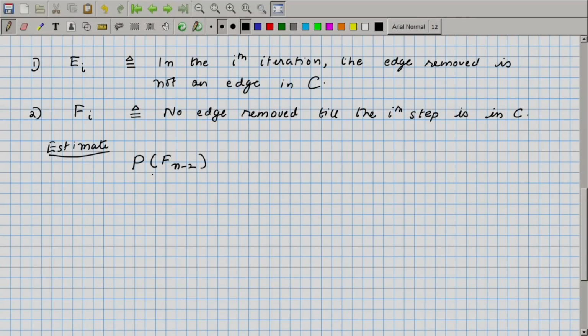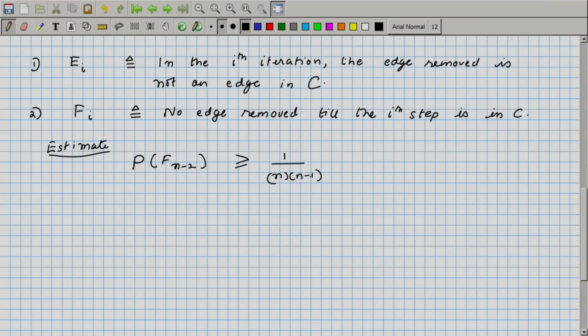These vertices are supernodes, and they define a certain cut, and we are interested in the probability that that cut is nothing but C. We will show that this probability is greater than 1 over n into n minus 1.